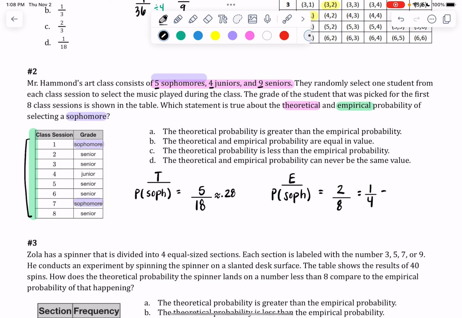And then 1/4 is 0.25. Sometimes seeing it like that makes it easier to compare those numbers. So we figured out that the theoretical was larger than the empirical, or the empirical is smaller than the theoretical. So if we look at answer choice A, the theoretical probability is greater than the empirical probability because the theoretical that we got was 0.28, which is larger than 0.25.